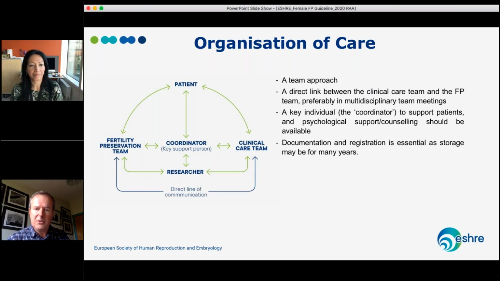That will, we felt, preferentially involve multidisciplinary team meetings, but we also highlighted the absolute key role of an individual, termed a coordinator here, who will support the patients, provide linkage between these groups, and provide links to support and counselling, which also should be available to these. And of course, there is a need for accurate documentation, which may need to be covering the storage for potentially many years.